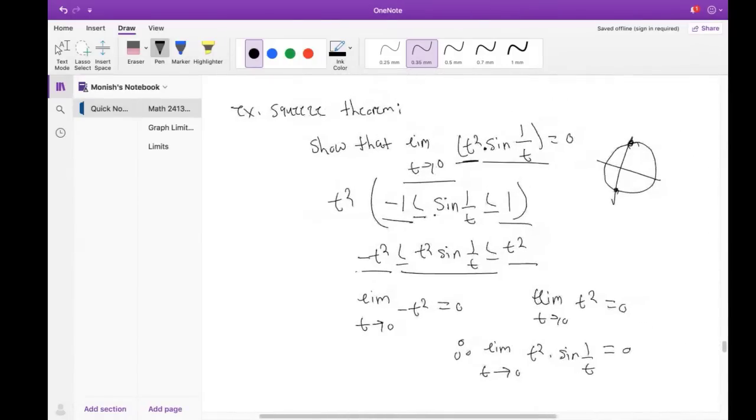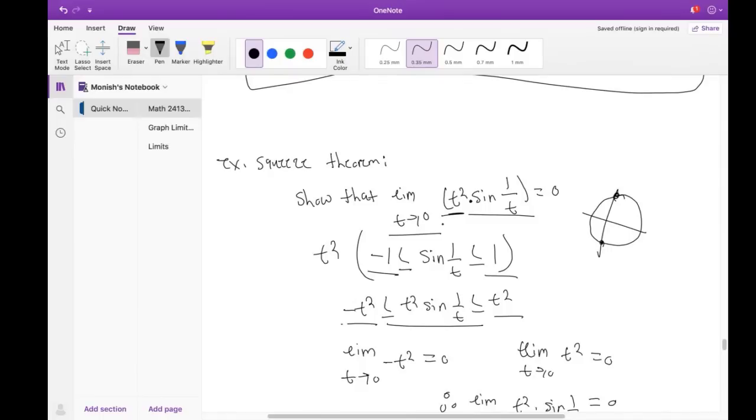And then squeeze theorem: if you have a function that you can't take the limit of directly, you have to find two other functions that you can compare to, an upper function and a lower function, and squeeze the middle function between those two to figure out what the limit is.